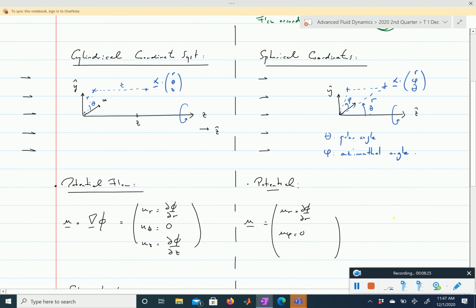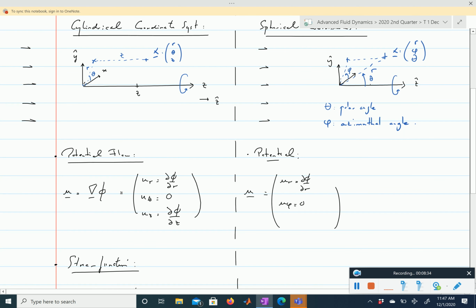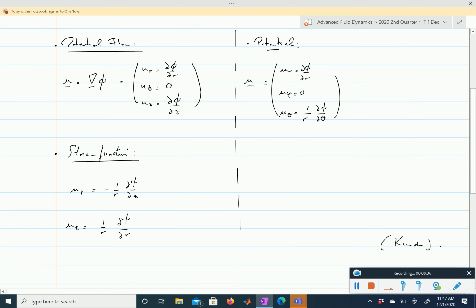This is the component in this direction here, and it will be equal to 0 because we have axisymmetry. And finally, the component in the theta direction is going to be equal to 1 divided by r, dφ/dθ. Okay, all of these formulas just put in the formula sheet. You don't have to know them by heart. You know these for the Cartesian coordinate system. You have to know them, but for cylindrical and polar coordinates, you do not.